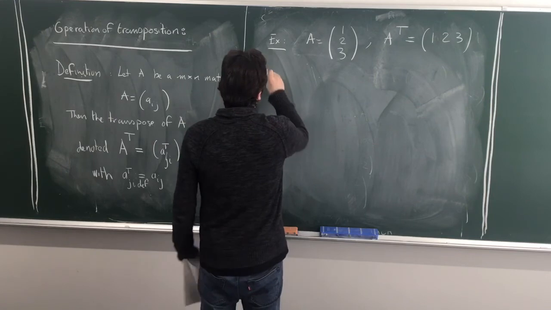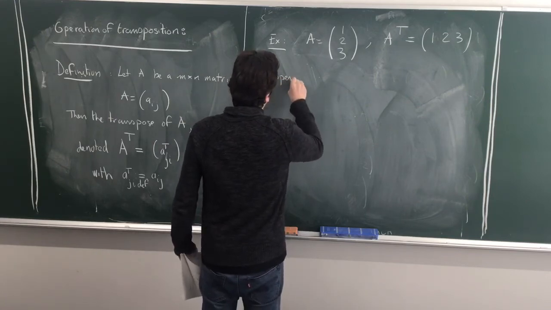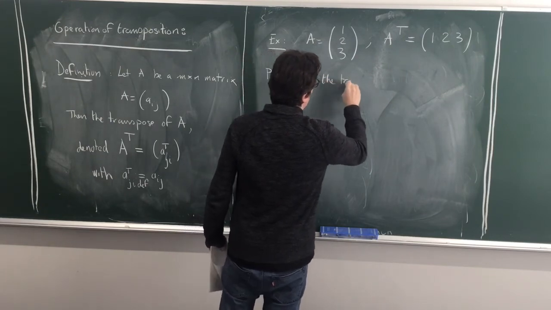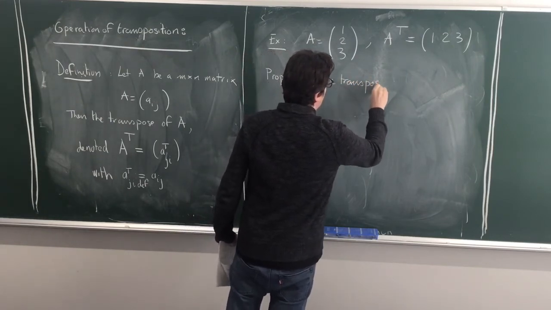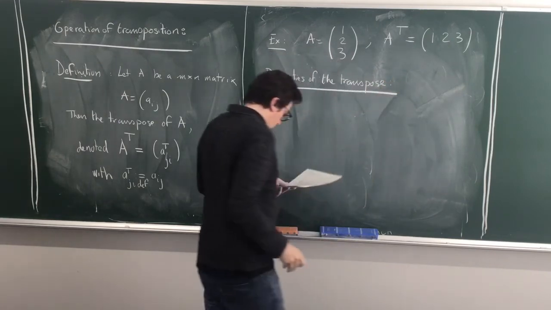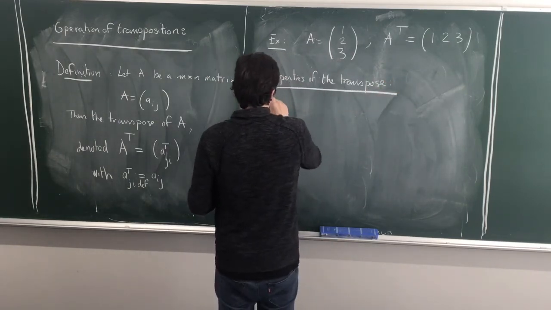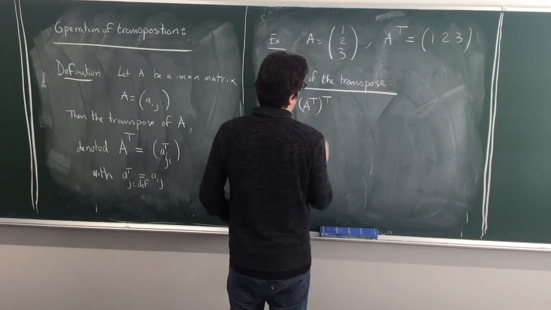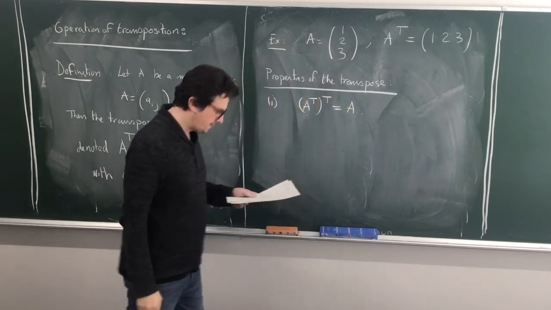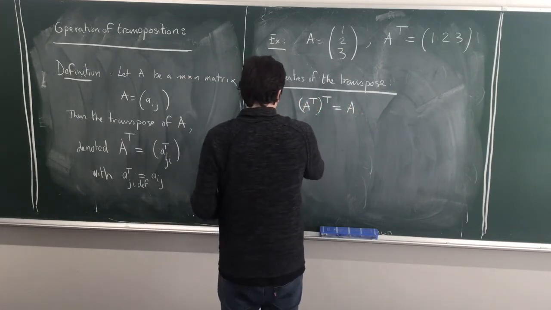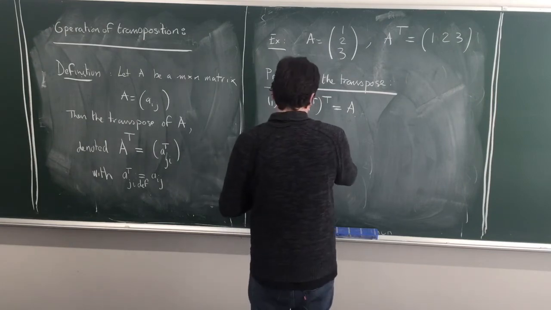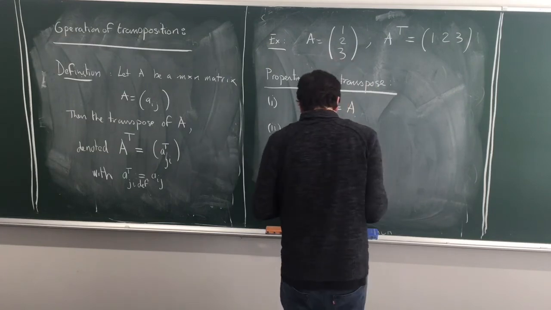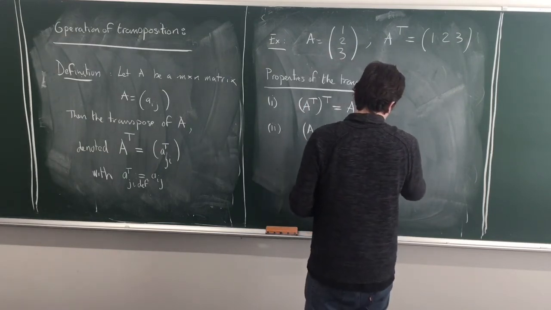Okay. Now, what are the properties of the transpose? Well, the first basic property is that if you transpose twice, then you will get the same original matrix. The second is that (A plus B) transpose will be equal actually to A transpose plus B transpose.